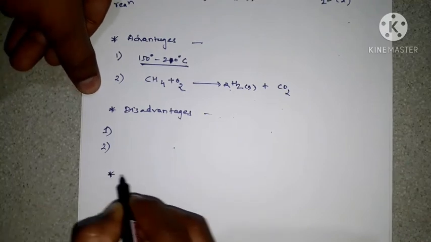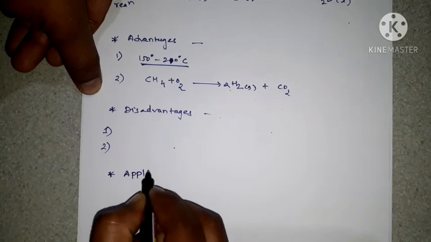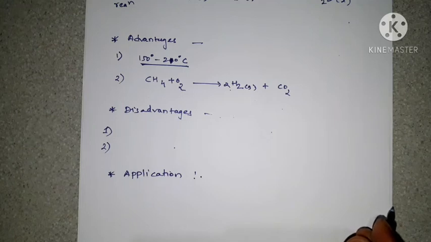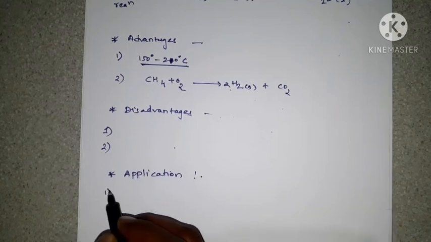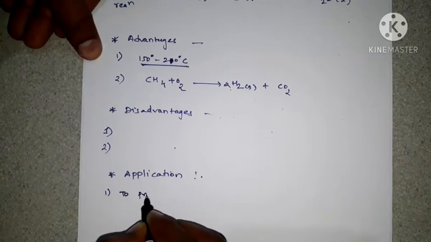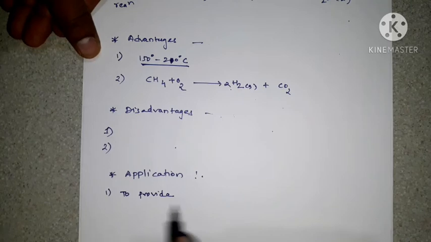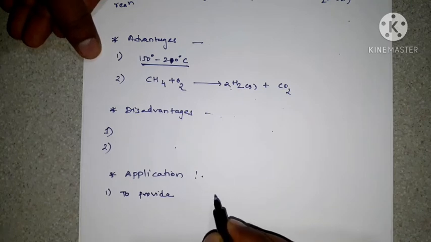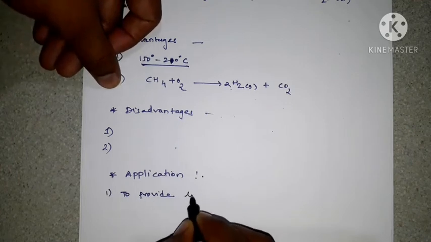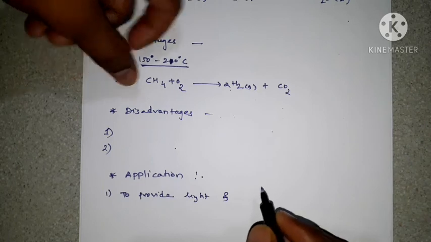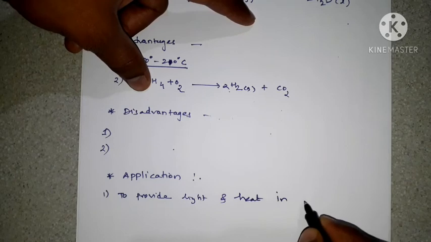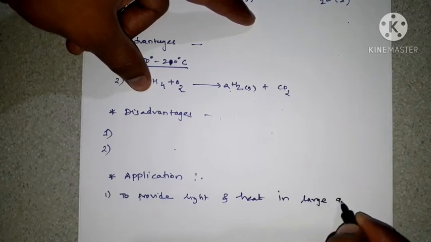Then what are the applications of the phosphoric acid fuel cell? The first application is to provide light and heat in large quantity.